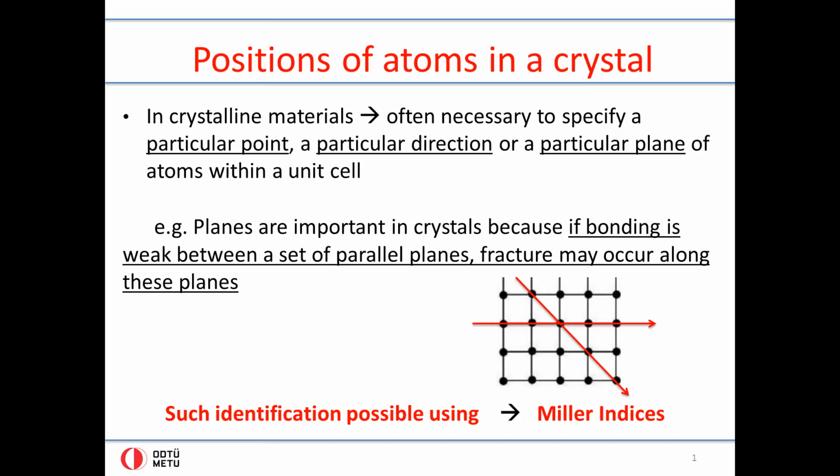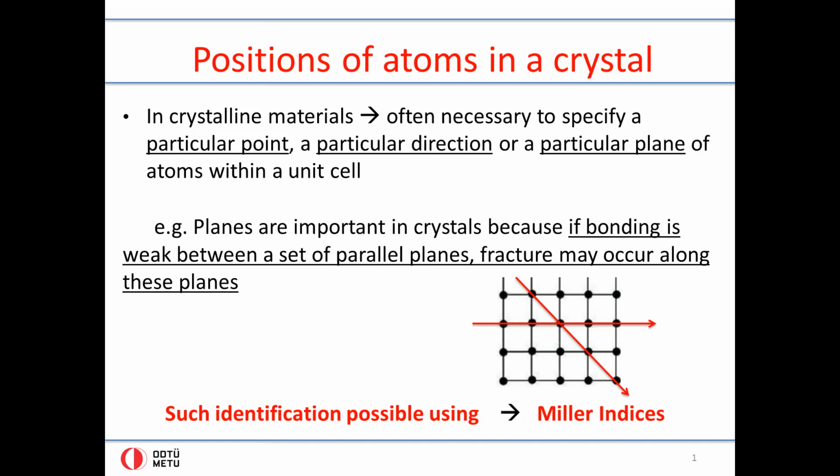Similarly, to distinguish between two different corner atoms, instead of saying the left top corner or the right top back corner, you can use numbers that identify these positions. That would be a point. The position of an atom would be a point.